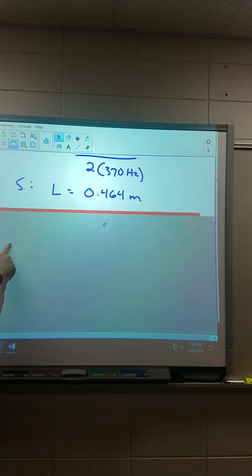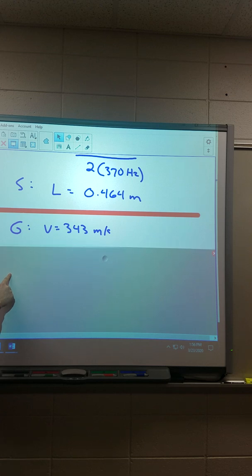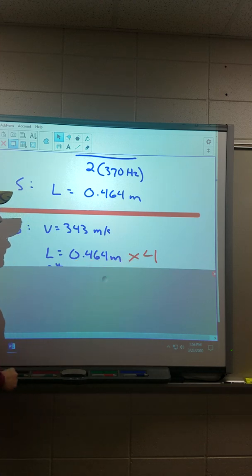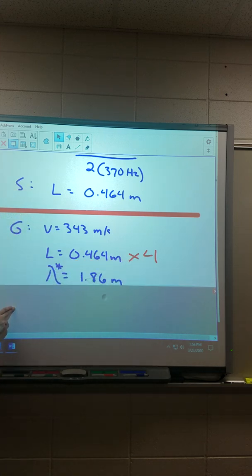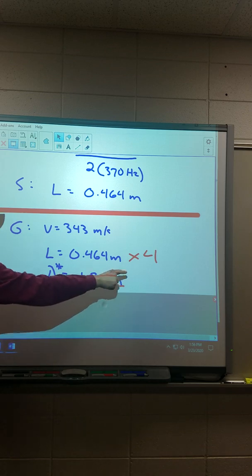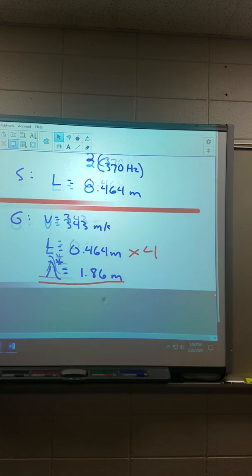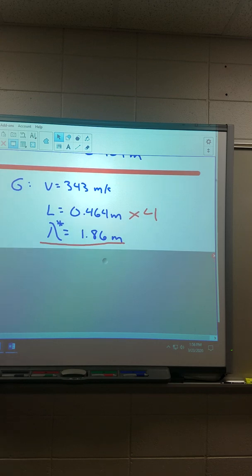Now, if it happens to be closed at one end, that length of that tube is going to be 4 times as much now for my fundamental wavelength. So now my fundamental wavelength is going to be 1.86 meters as a result.